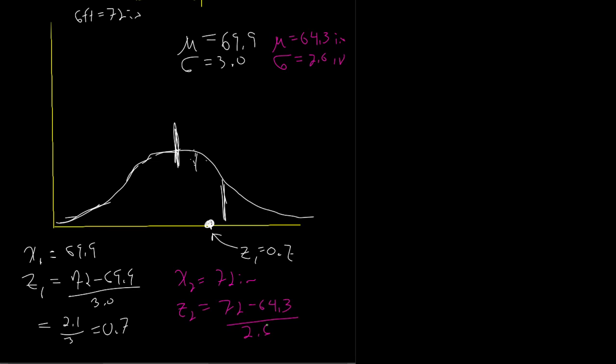Running to my calculator, I get 2.997, or approximately 3. And so a woman who is 6 feet tall has a z-score of 3, and it's within here in the distribution, which is more rare. It's very far away from 68%.